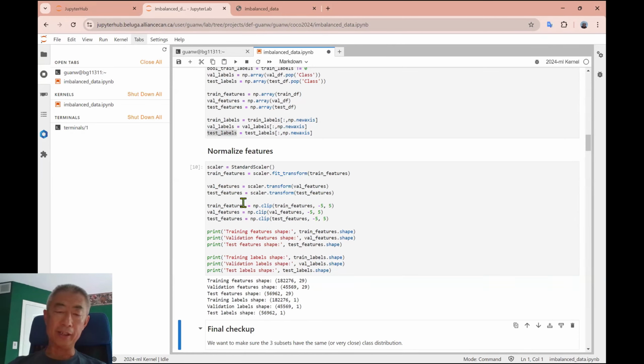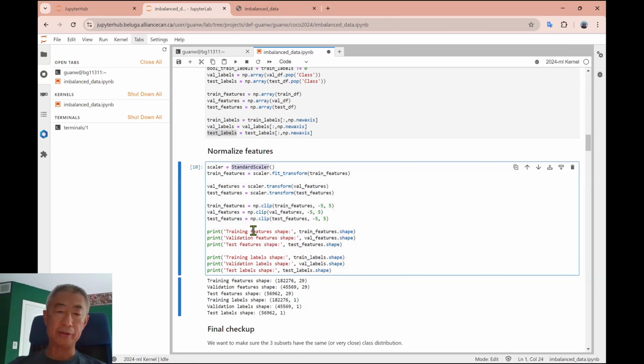Here I use the standard scaler, which means I actually do a shift and the scaling together. It makes the result have a mean of 0 and a standard deviation equal to 1. That's what it does. I fit the scaler on the training set and apply it to the other sets, like validation and test.